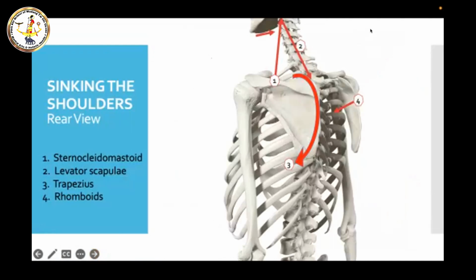During the sinking of the shoulders, we have that same sternocleidomastoid that I mentioned at the front there, that attaches to the clavicle and attaches just behind the ear. And this is really when you're aligning the upper part of your posture and you're tucking your chin in. As you tuck your chin in, you're lifting up your head.